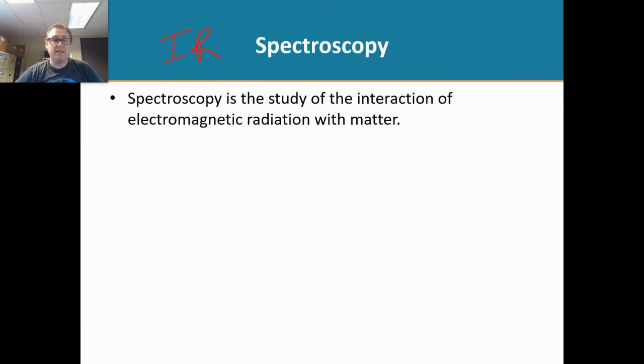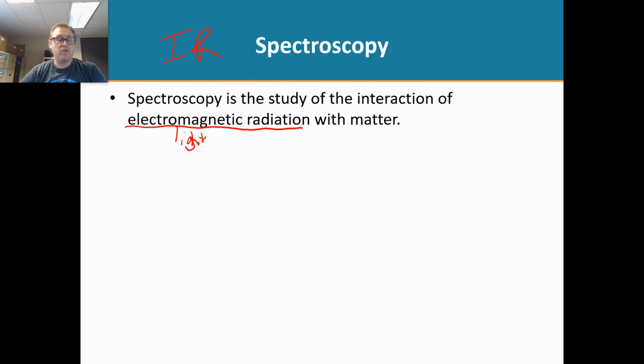And what's interesting about light is that when you use light to study matter, that's called spectroscopy. So you could take this electromagnetic radiation and just replace it with light. So spectroscopy is the study of the interaction of light with matter.